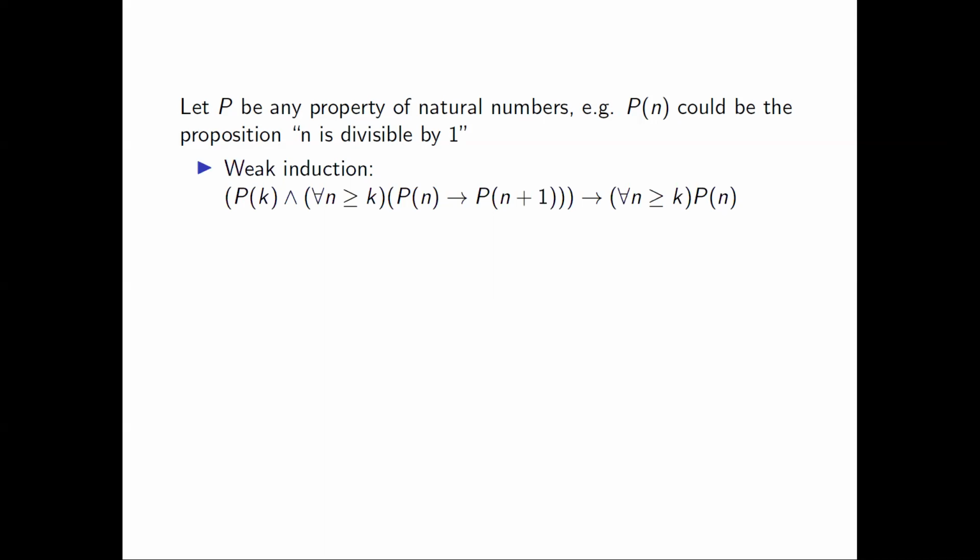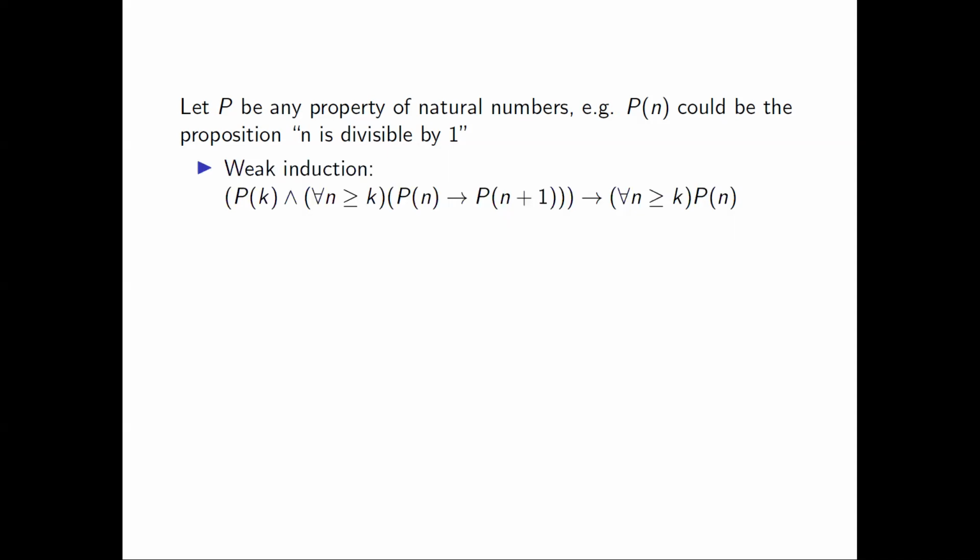we'll start from some positive integer, and we'll prove that our proposition is true for all positive integers, at least our starting spot. So the way to write that is to say that if we can prove that P of k is true, for some non-negative integer k, and we can prove for all n greater than or equal to k that P of n implies P of n plus 1, then we can conclude for all n greater than or equal to k that P of n is true.